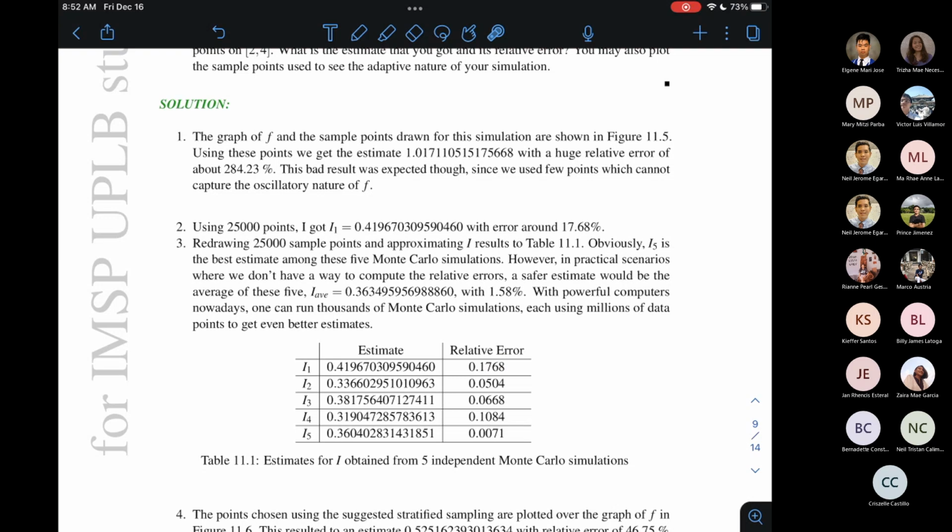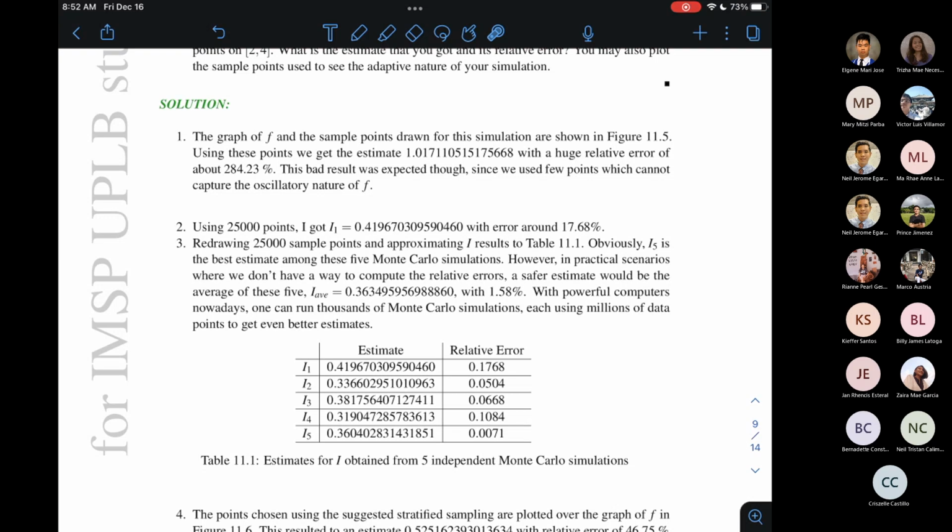So, ang ginawa ko, next round, inulit ko yung Monte Carlo simulation, but when I repeat the Monte Carlo simulation, I am generating another bunch of random numbers. So I drew another 25,000 sample points, and then take the average of omega times the function value at those 25,000 points, and I get this pretty good estimate, 5%, right? Kung alam ko kung ano yung ine-estimate ko, then this is perfect because I can just report I2 as my best answer. Kasi alam ko na ito, 5% lang yung error.